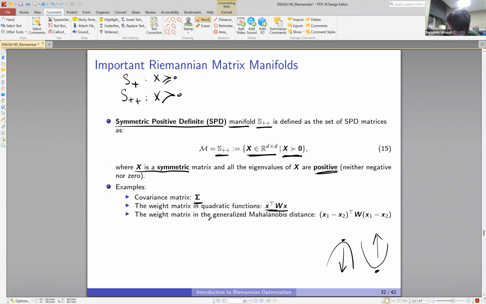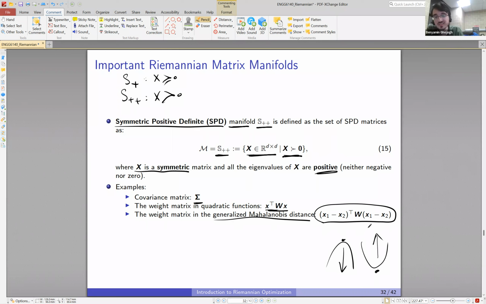The weight matrix in the generalized Mahalanobis distance. This is the generalized Mahalanobis distance, and W is the weight matrix. If you set W to I, this becomes the squared Euclidean distance, right? So what does it mean? It can be proved that you can see the generalized Mahalanobis distance as first having a linear projection onto a subspace and then applying Euclidean distance in that subspace, okay?